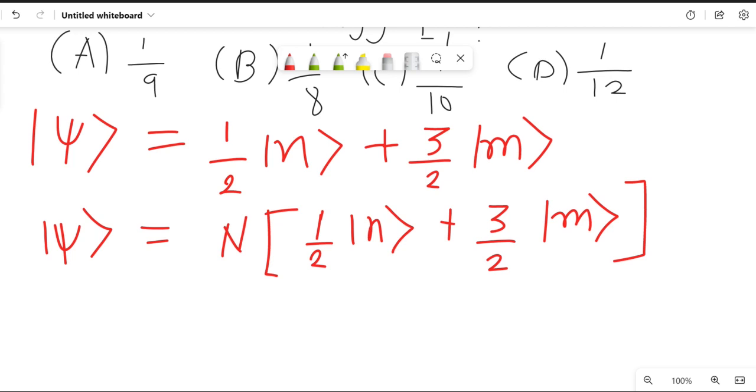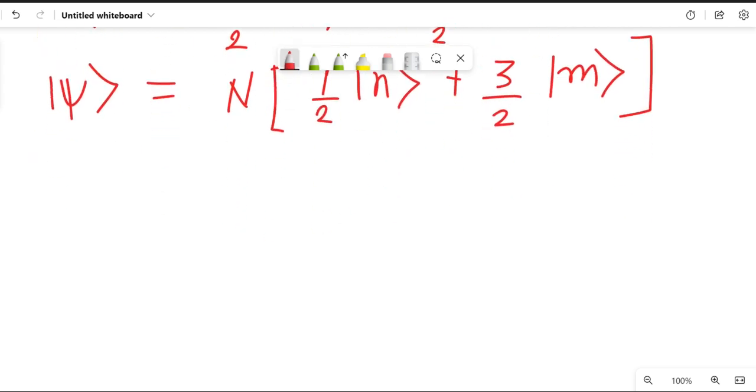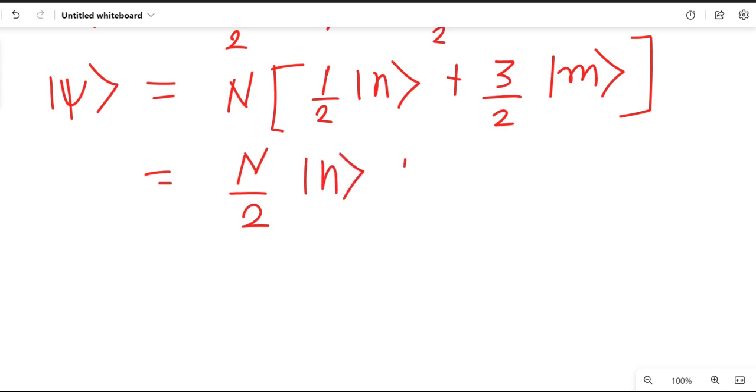Now the normalization condition says that the sum of your coefficients squared must equal 1. Please try to understand what I am saying. First of all, multiply, there is N inside, so this will be N by 2 n plus 3 by 2 N times m.